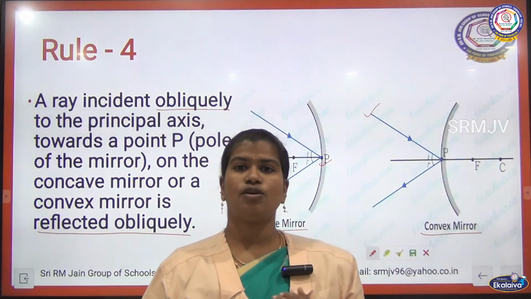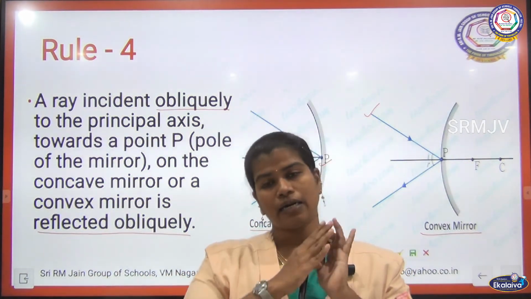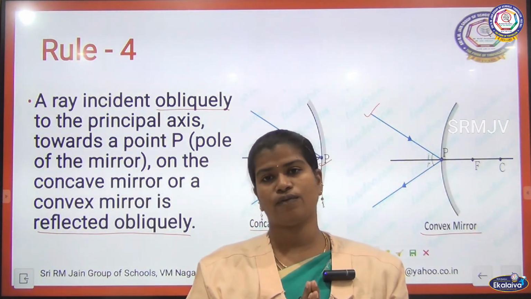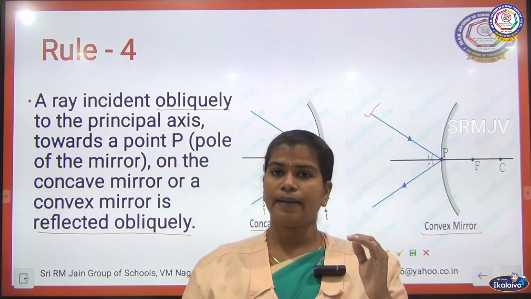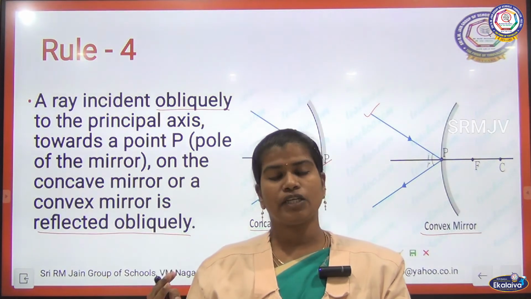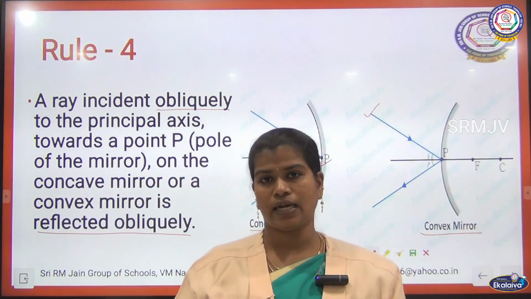So I just recall all the 4 rules. Rule 1 states that if the ray parallel to the principal axis after reflection will pass through the focus. And rule 2 is vice versa of the rule 1. If the ray passing through the focus after reflection, it will be directed parallel to the principal axis.